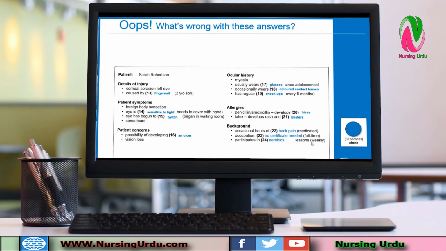Number 22. Occasional bouts of back pain, occasional bouts of... This is a tricky one to spell, sciatica. If it was anything that looks anything like this at all or looks vaguely like the word, then you would get it right, okay?